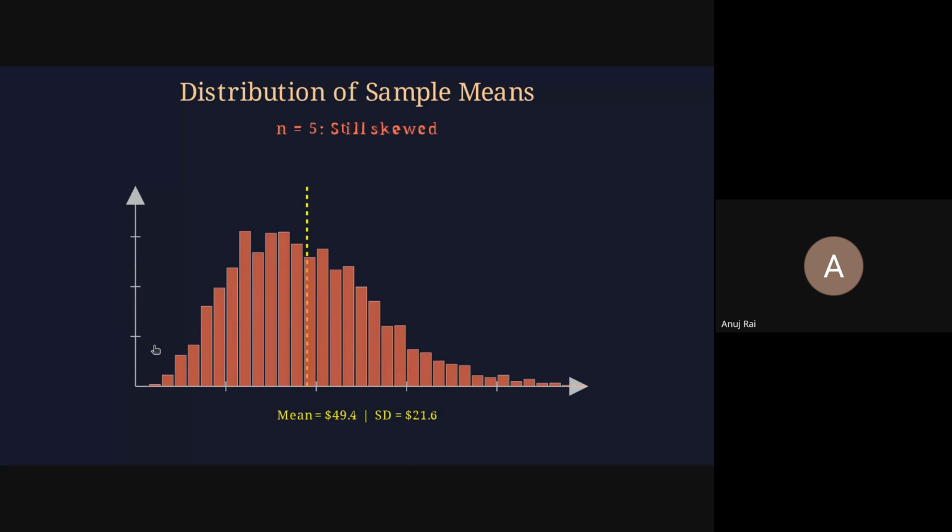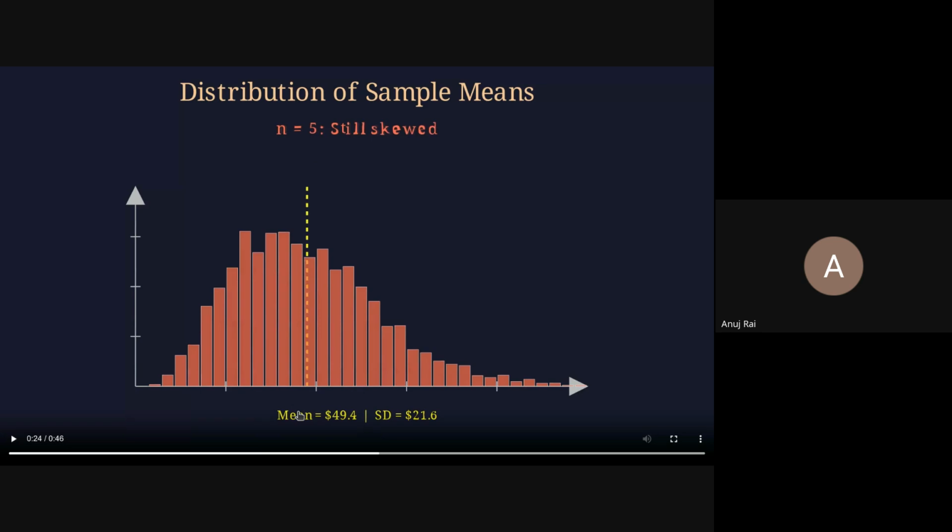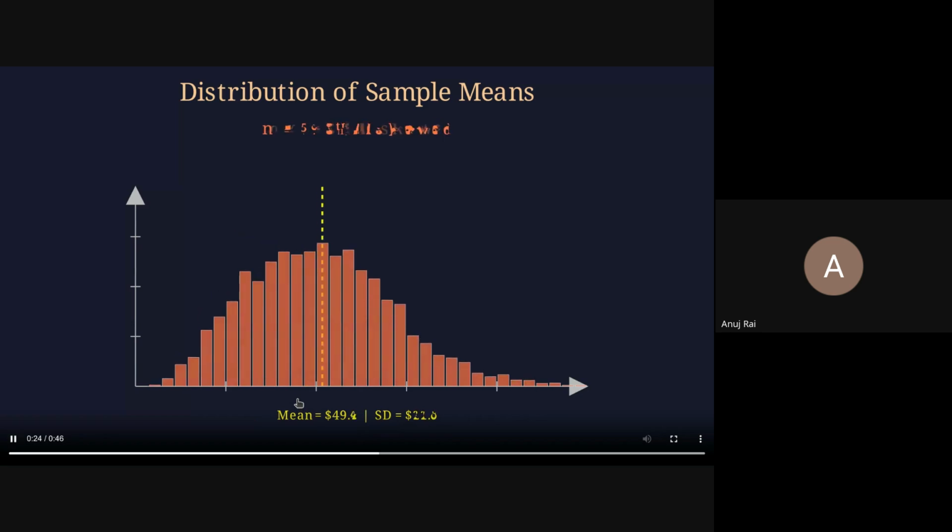Okay, here, let's say 5 times the sample was collected, each with let's say 30 data points, and then its mean was computed.